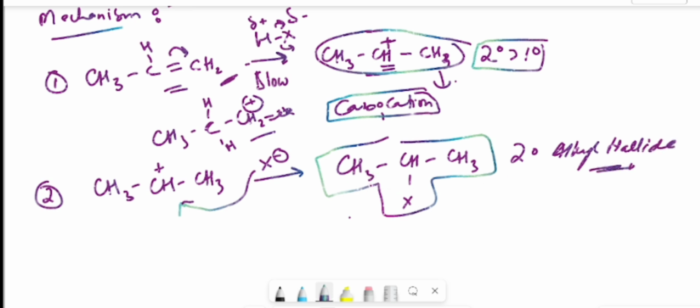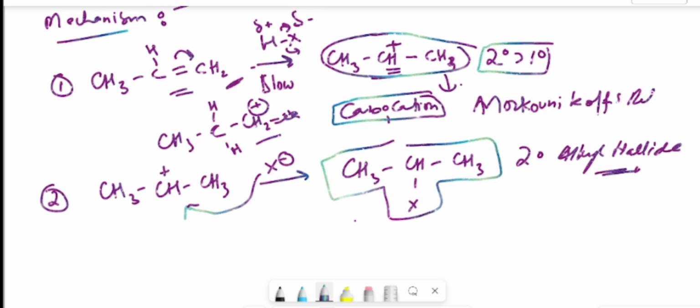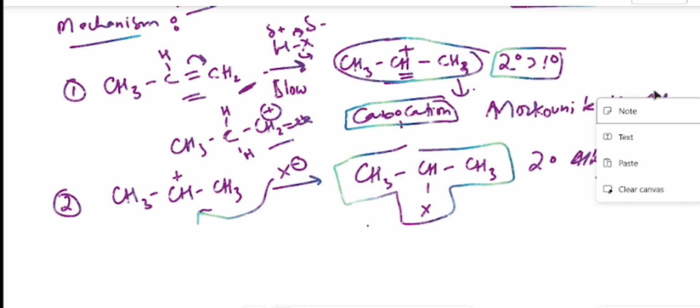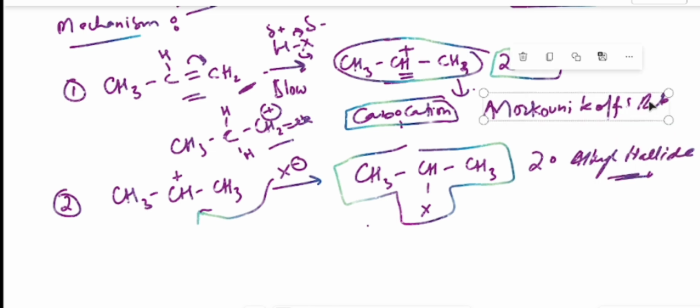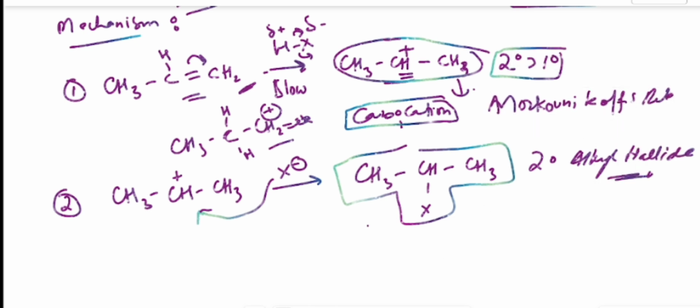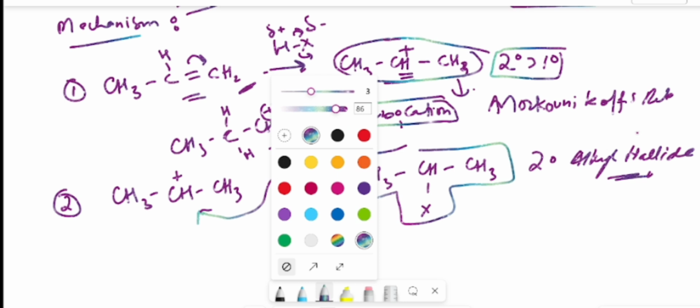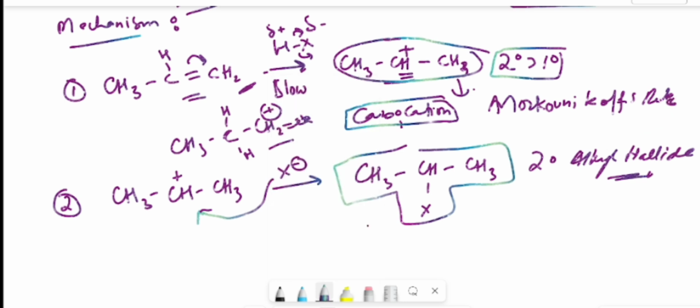So according to Markovnikov's rule, Markovnikov's rule provides the insight. It provides the insight to tell us from which side in the unsymmetrical alkene the bond would break.